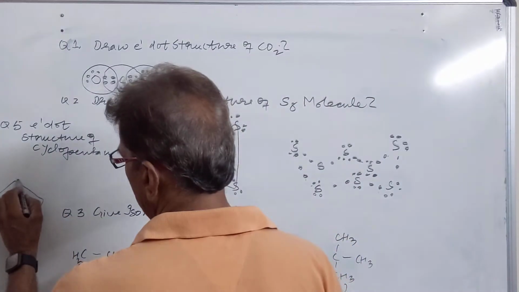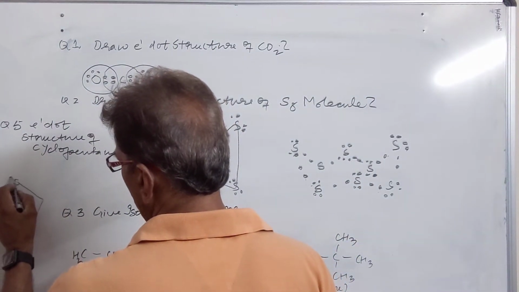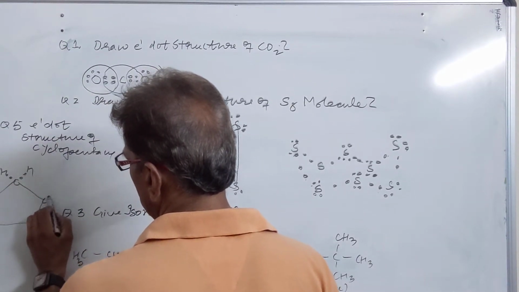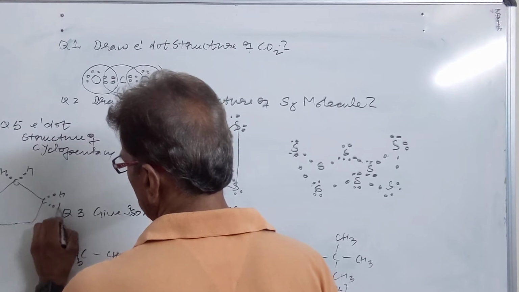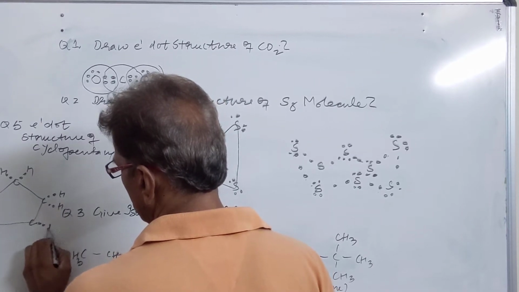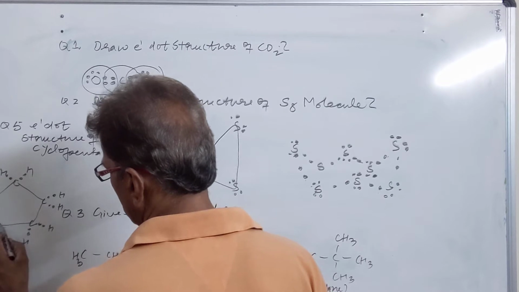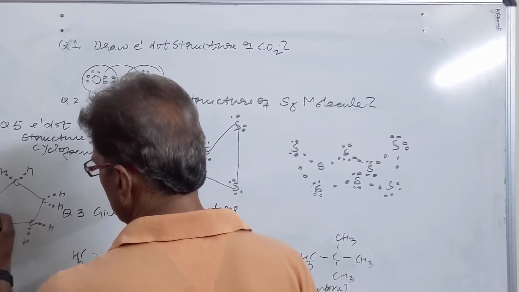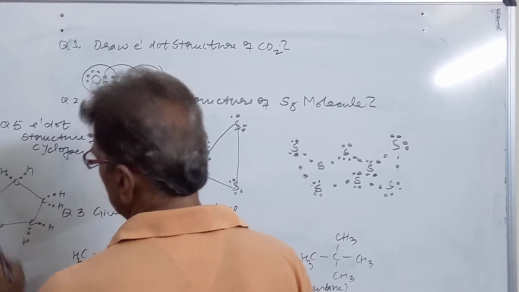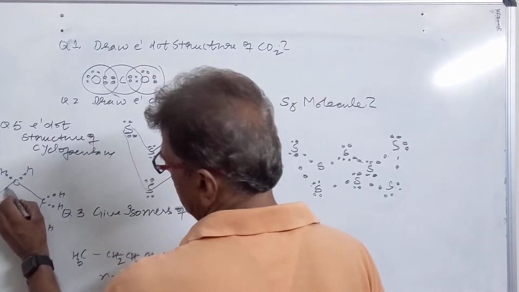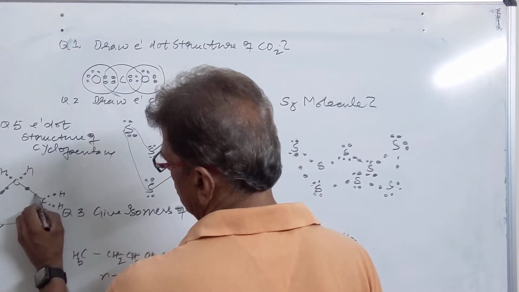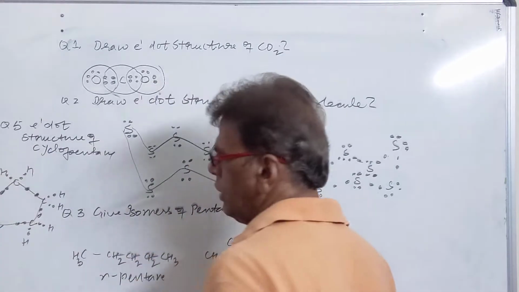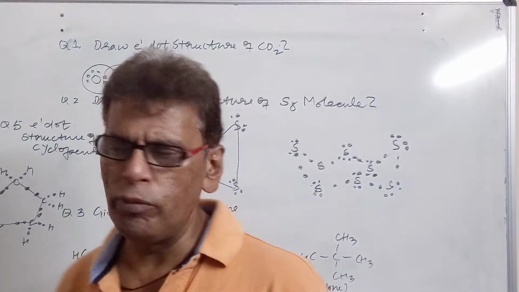Each corner has two hydrogens. And each of these lines also represents two electrons. So this is the electron dot structure of cyclopentane.